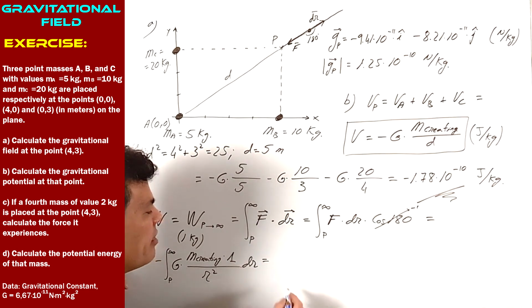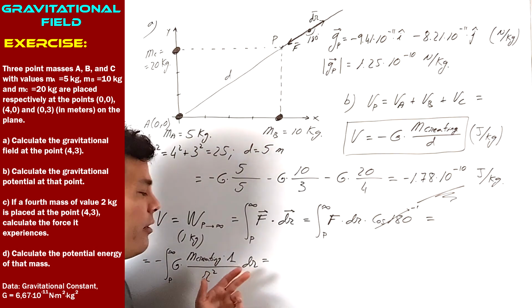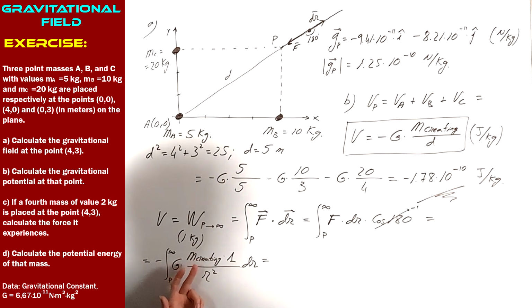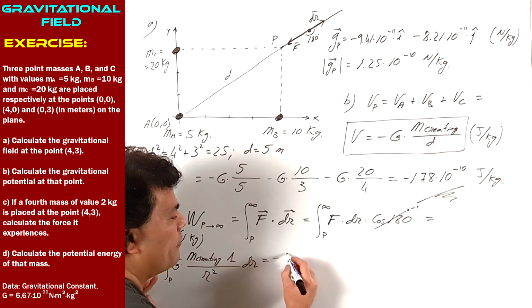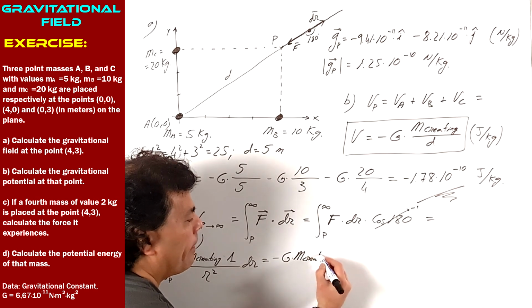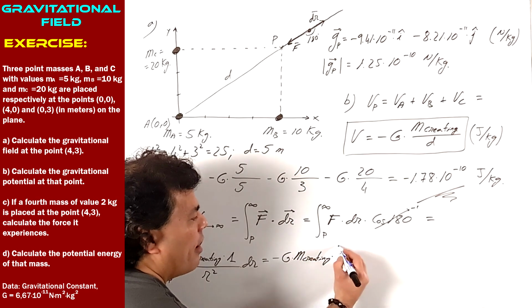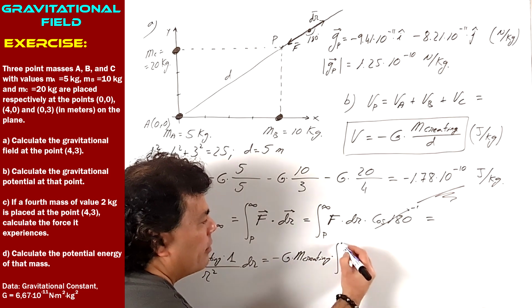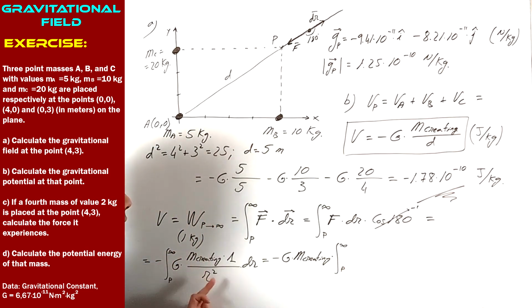And the differential of displacement. These constants will be here: -G multiplying the creating mass, and the integral from point P to the infinite.